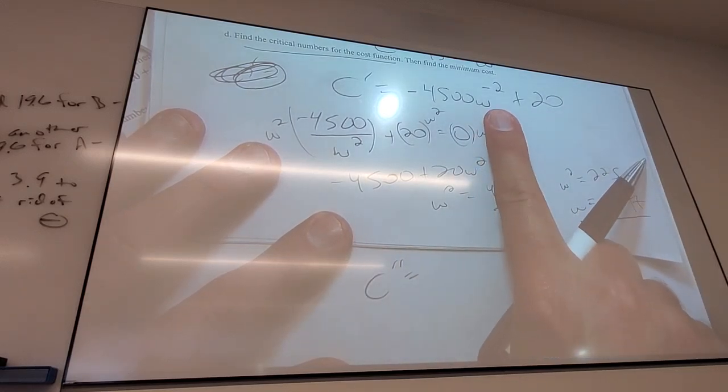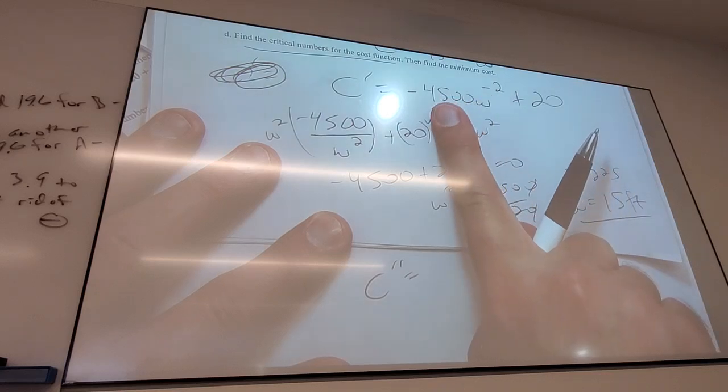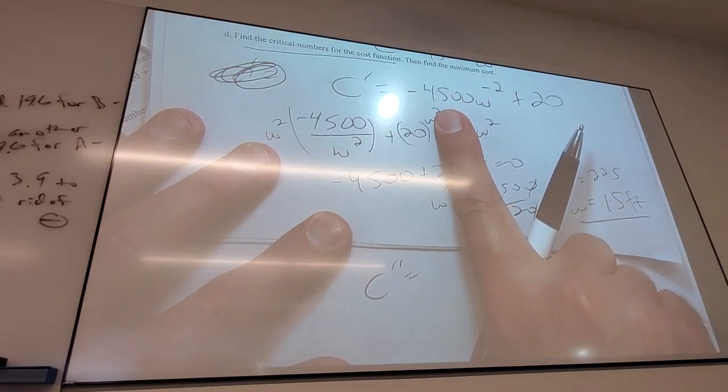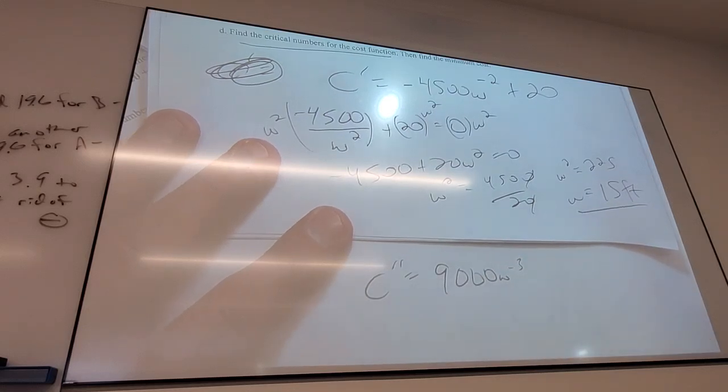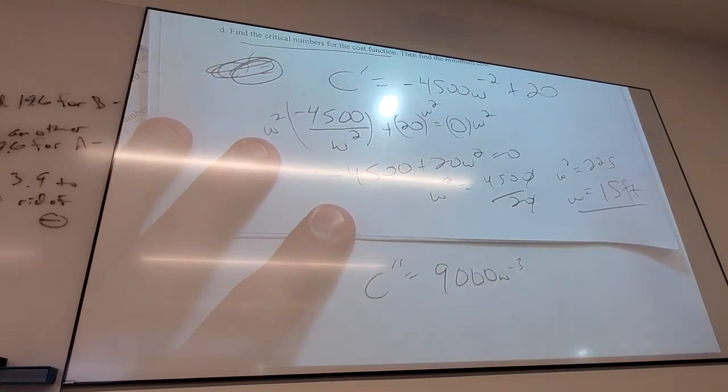The 2 times 4,500, -2 times -4,500, 9,000. That's the second derivative, and now I want to know at 15, is that cup up or cup down?